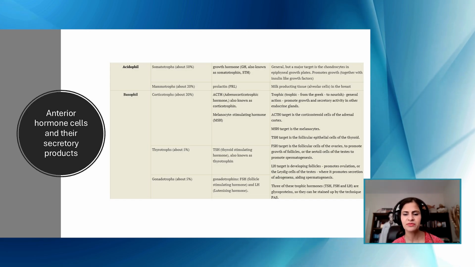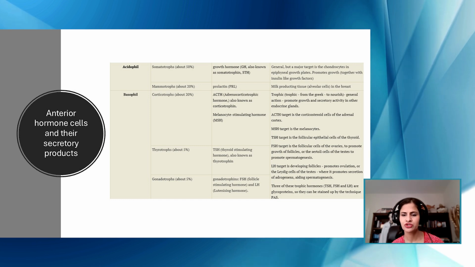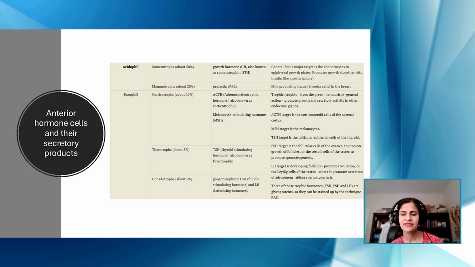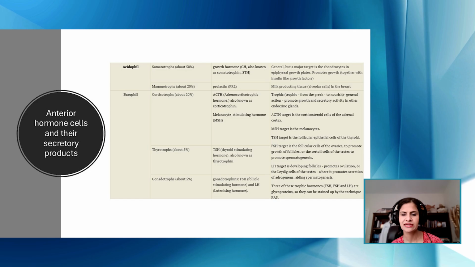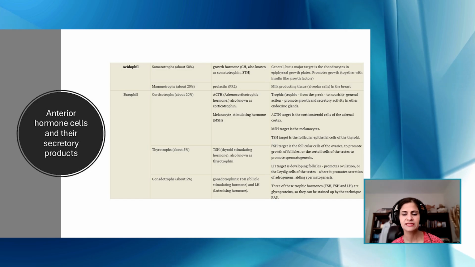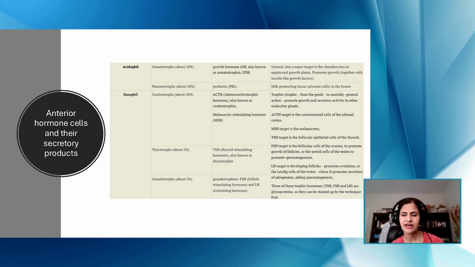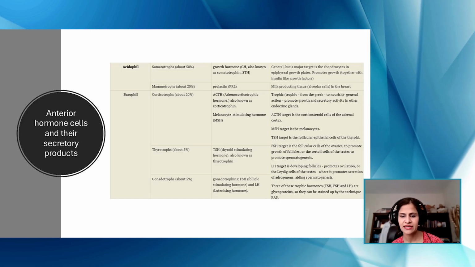They make up about 20% of the gland, and they produce ACTH, which is trophic. Trophic means, it's from Greek, it means to nourish, and this promotes growth and secretory activity in other endocrine glands, specifically the adrenal glands. Corticotrophs also produce melanocyte-stimulating hormone, which targets melanocytes.